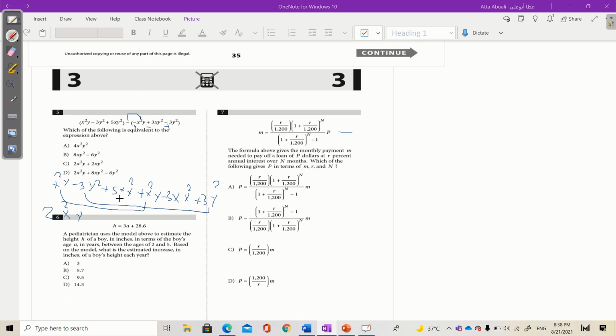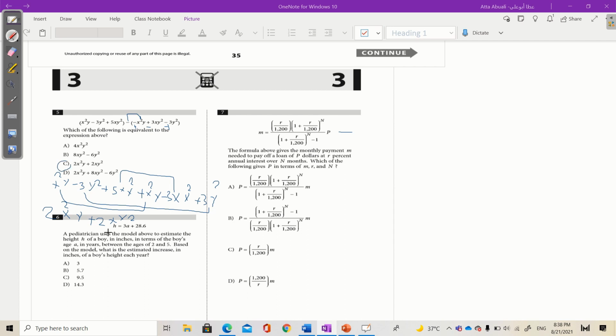Now 5xy^2 minus 3xy^2 becomes 2xy^2. So we get 2x^2y plus 2xy^2. As you can see from the answers, the correct answer is C here.